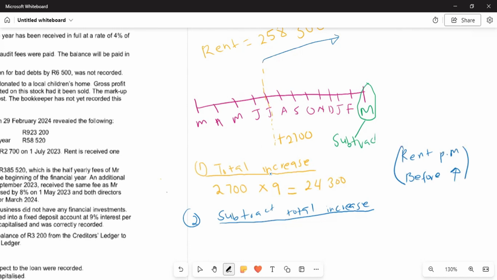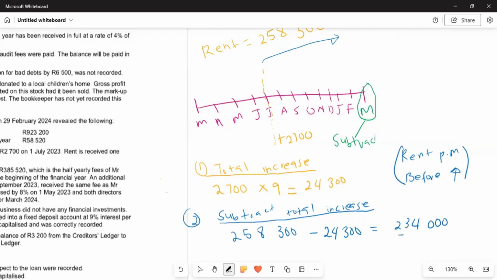Now, our total rent is 258,300, and we need to subtract the total increase of 24,300. Now, 258,300 minus 24,300, punching it into your calculator, you would get 234,000. Now remember, we're trying to get the rent per month before the increase.